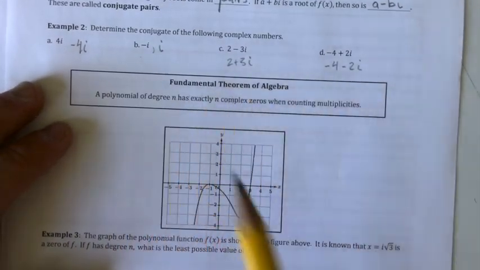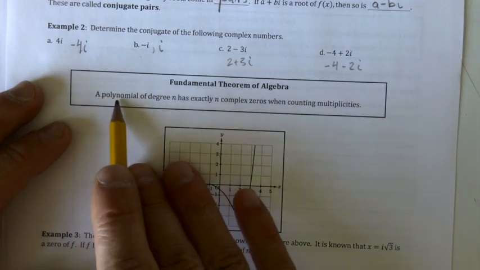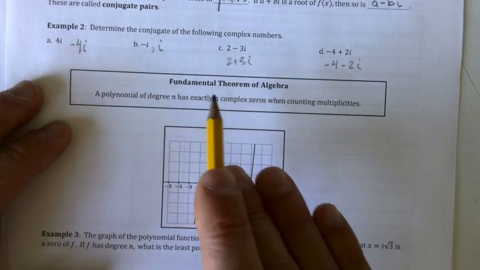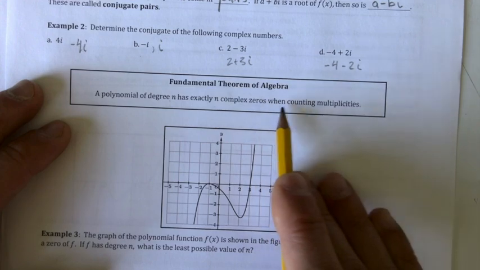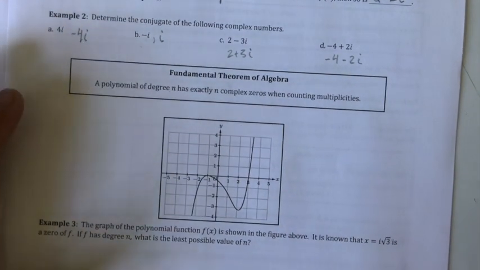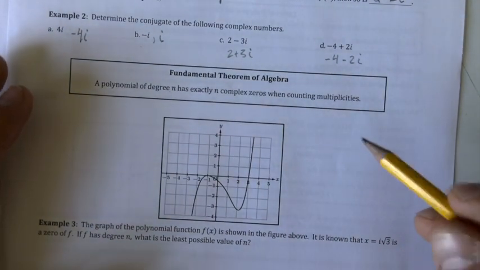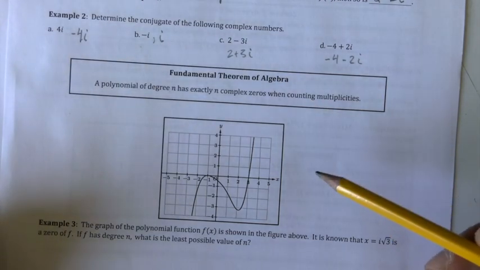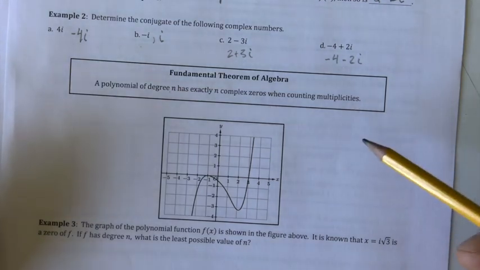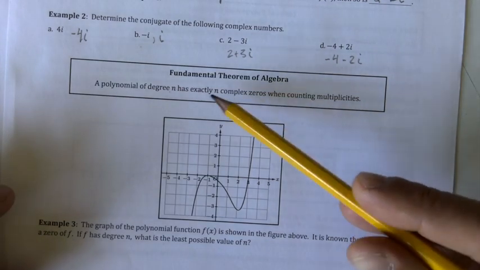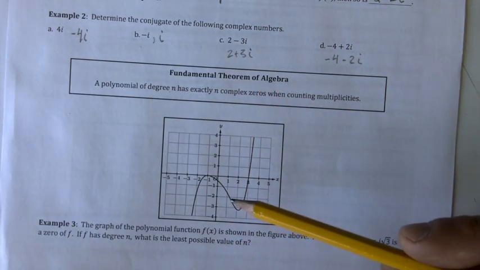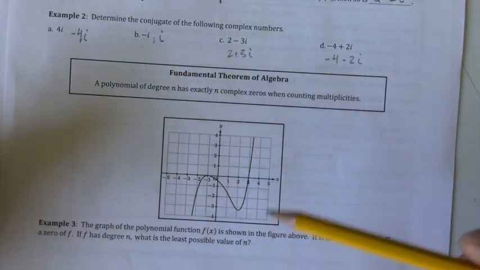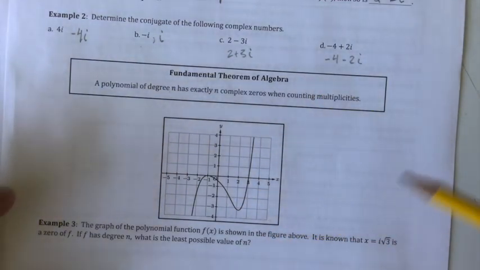Next, the fundamental theorem of algebra. A polynomial of degree n has exactly n complex zeros when counting multiplicities. So what does this mean? Well, if it's a degree 3, it needs to have 3 zeros. Now, that can include both bounces or multiplicity or imaginary solutions.